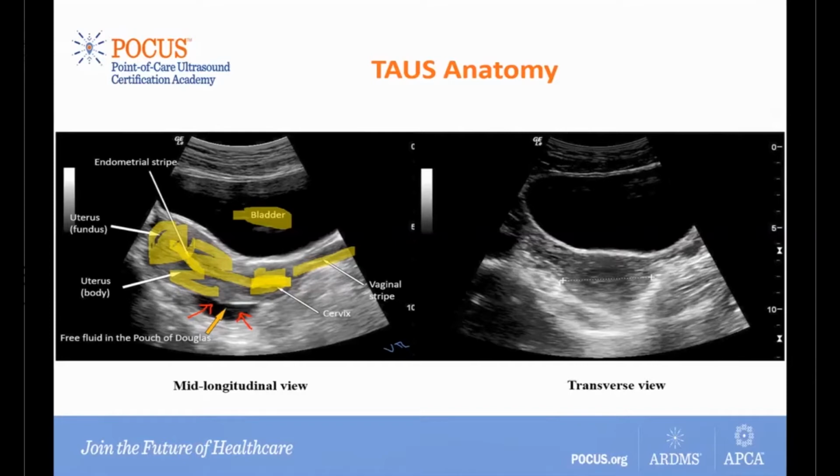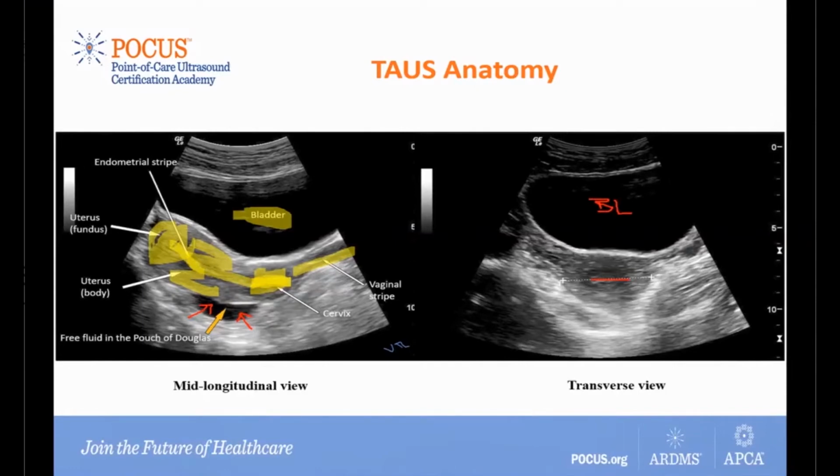On the other side, on the right-hand side, we see the bladder right here, and we have the uterus posteriorly, and you can identify the endometrial stripe, and of course surrounding that we have the myometrium.